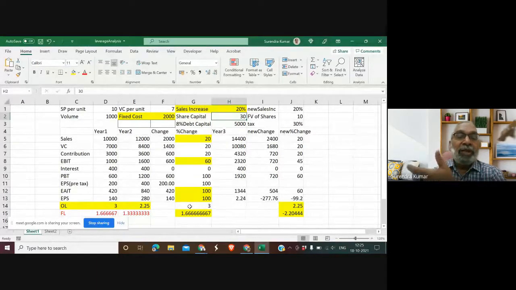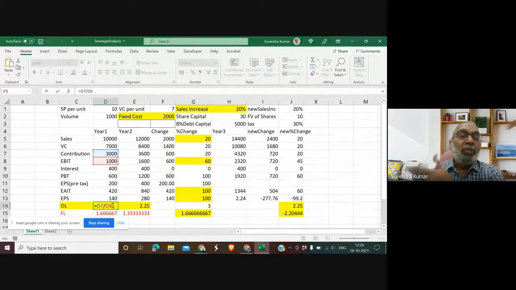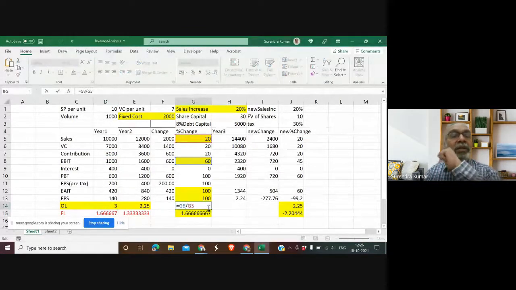So there are two different ways that I calculate my operating leverage, and by both the methods, I should get the same information, is what I'm trying to emphasize. If you look at the book, you will find both these methods given. Operating leverage by the first method is contribution over EBIT, by the second method percentage change in profit due to percentage change in sales. So either way I calculate, I am getting it as 3.